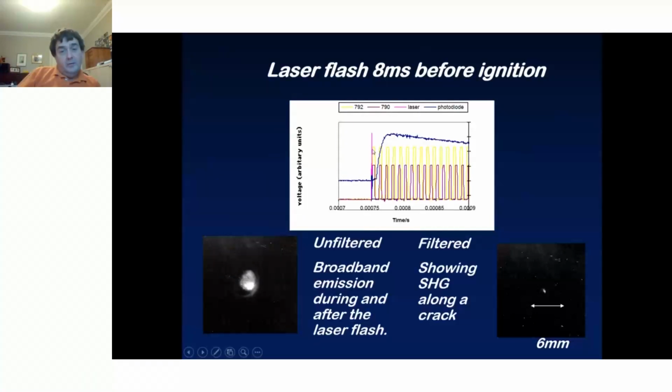The photodiode is showing the global reaction, but we can clearly see the response of the system in terms of detecting that this second harmonic generation is occurring before widespread reaction in the system. So you can see that delta phase is formed in this HMX before reaction breaks out.